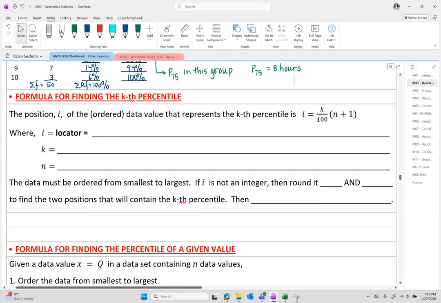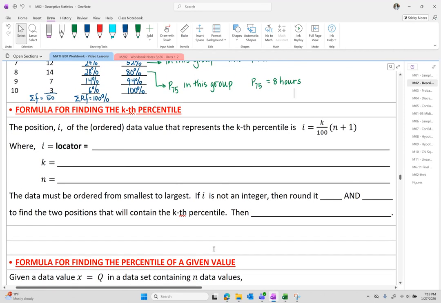There are some formulas to manually find the kth percentile. Again, we prefer to use technology, but when you do your homework online in Lumen, it might ask you to do this manually, so just be aware. The position i of the ordered data value that represents the kth percentile is k divided by 100 times n plus 1, n being the total number of data values.